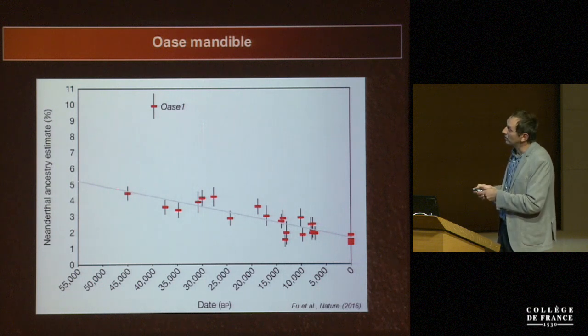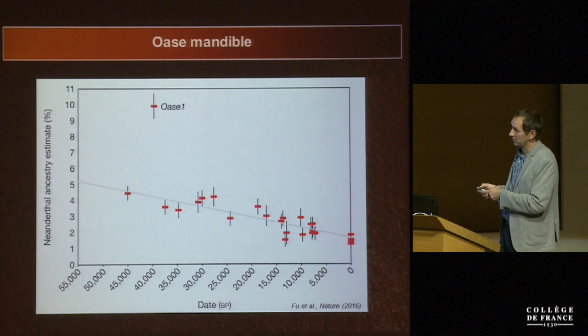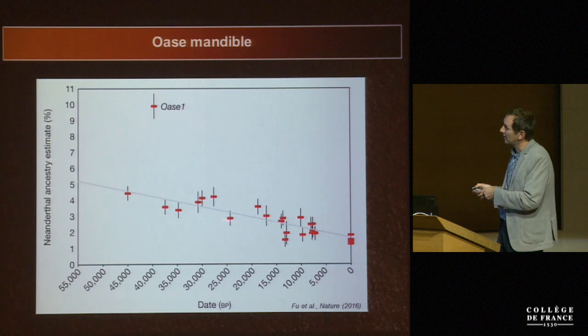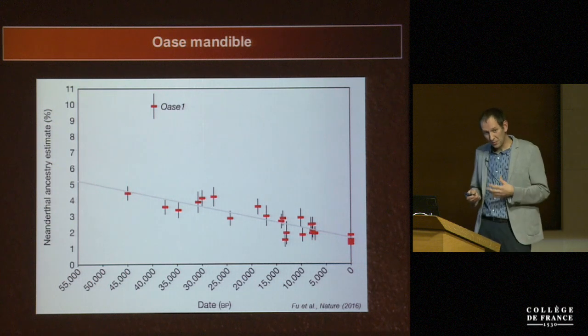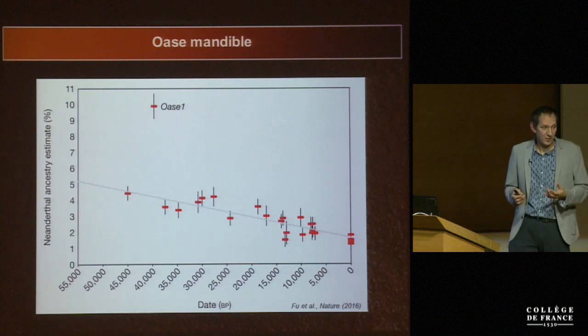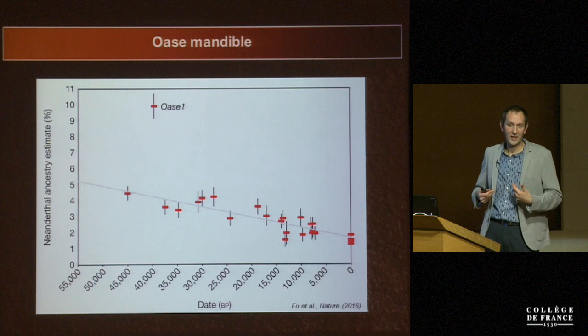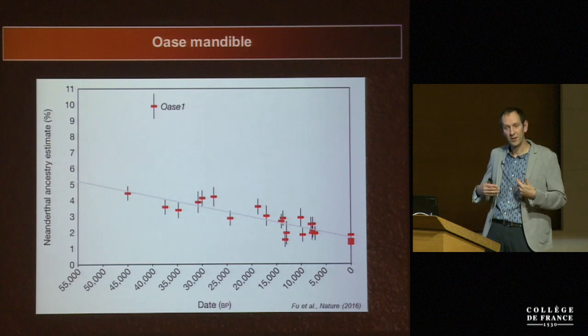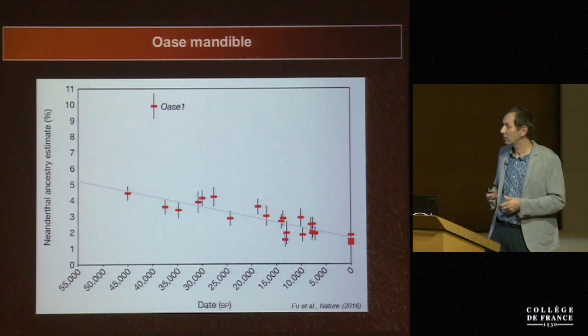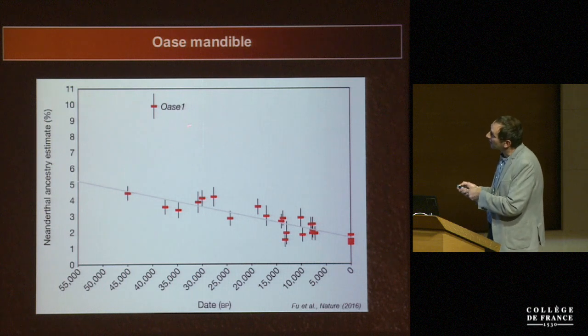There's an older individual, 45,000 years old, from Siberia, Ust-Ishim, that shows about 4.5% Neanderthal ancestry. And then you see a decline in Neanderthal ancestry over time, which may be indicative of purifying selection, showing that it's not always good to have Neanderthal ancestry in you, and that there's some selection against these components. But then there's this one big outlier here.